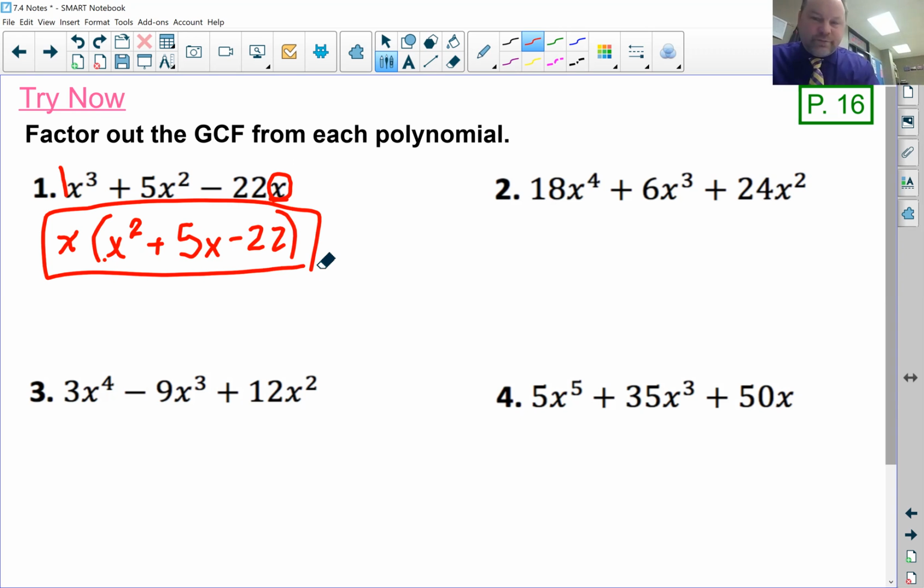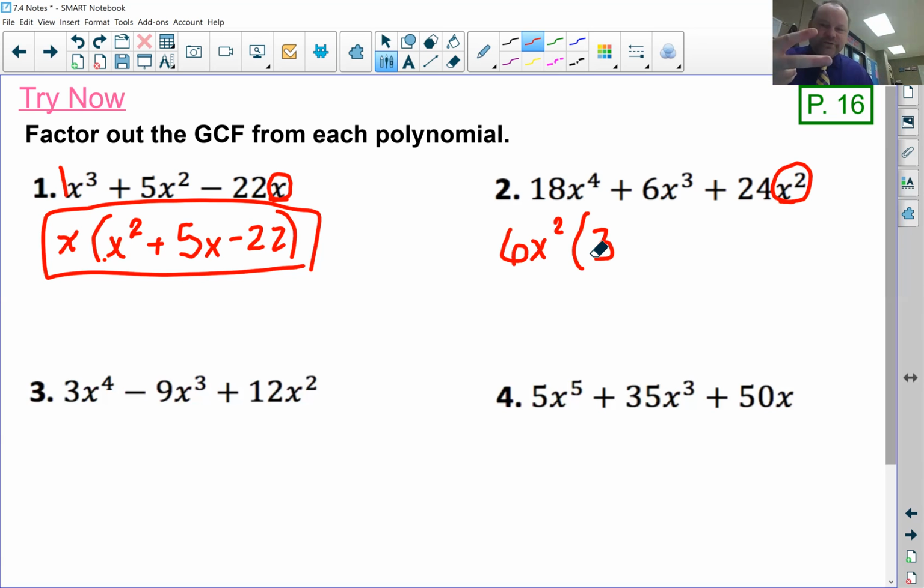For the second example, 18, 6, and 24 are all evenly divisible by 6. And the x squared is the variable with the lowest exponent, and there's a variable in each term. So now it's just division. 18 divided by 6, that's 3. We had x to the fourth.